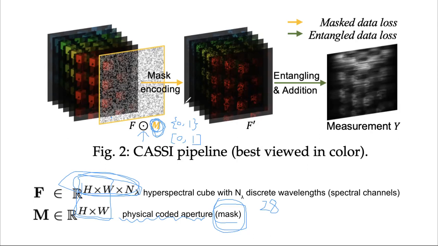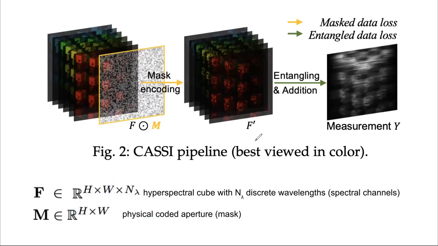So this is the first stage, and the second stage is the entangling. I forgot to mention that because of the mask, it introduces the first challenge, which is the mask stage loss.